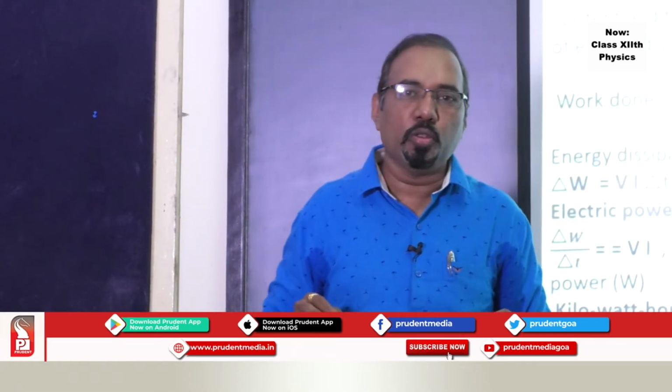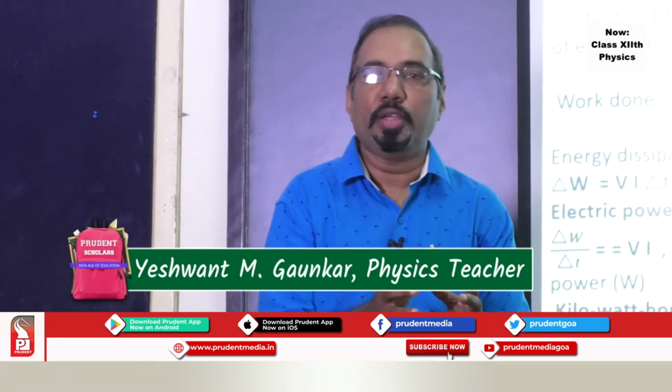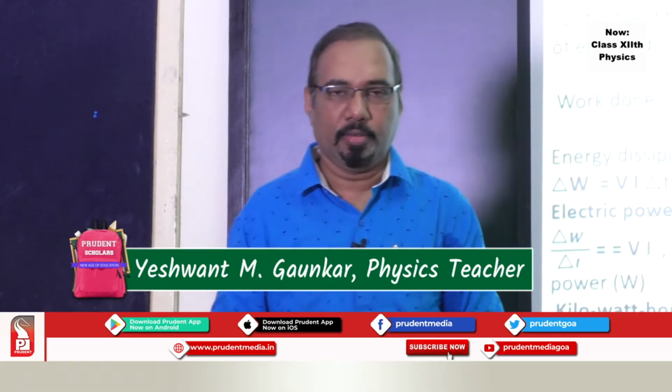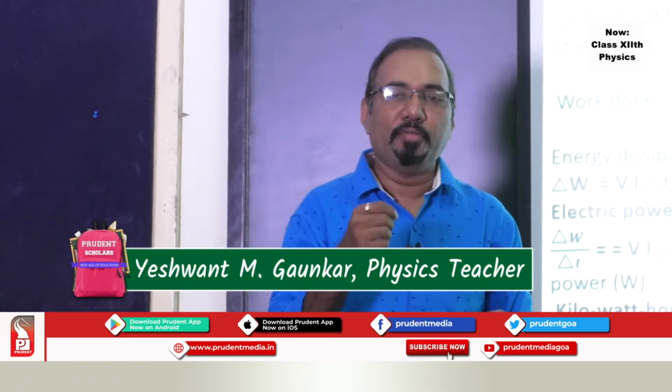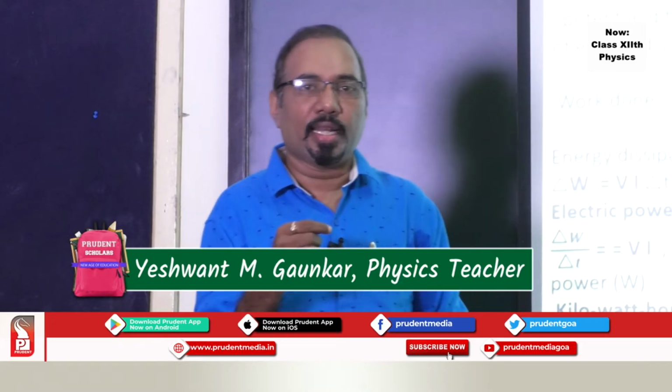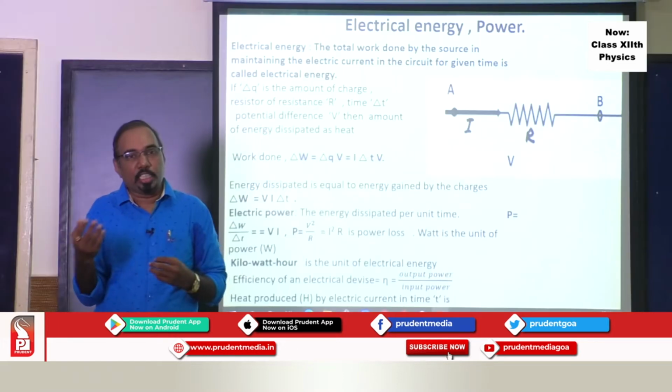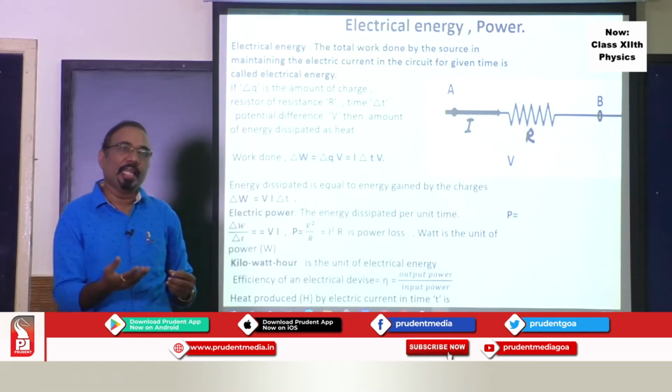Now, as I told you, electrons in the conductor, when they are moving from lower potential to higher potential, are colliding with the metal ions. So the question will arise: when they are colliding with the metal ions, are they traveling at a varying speed? Are they having kinetic energy?